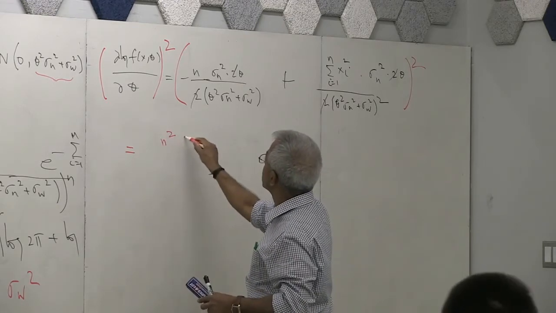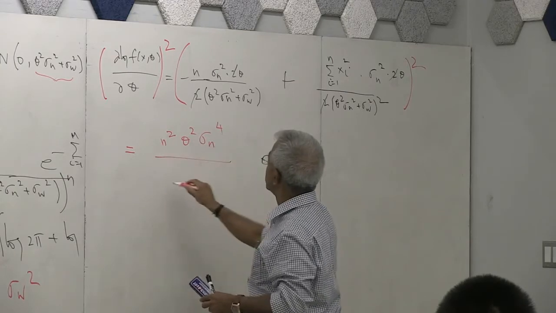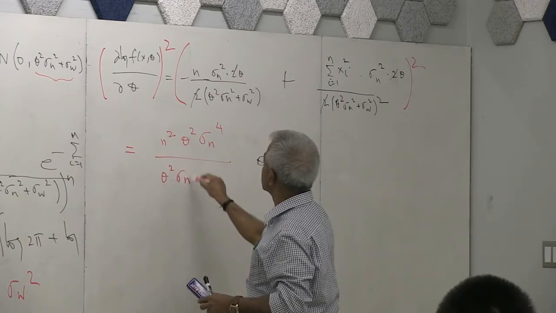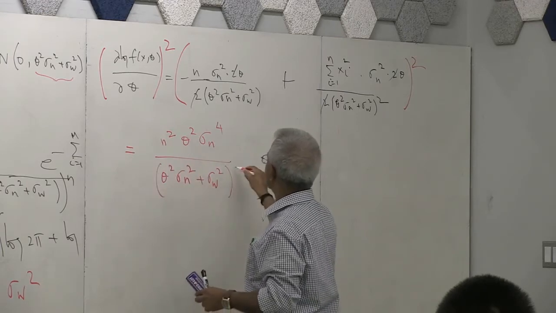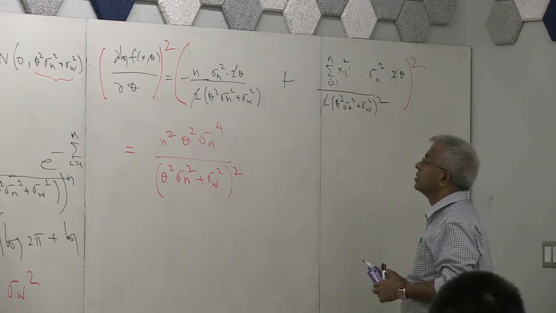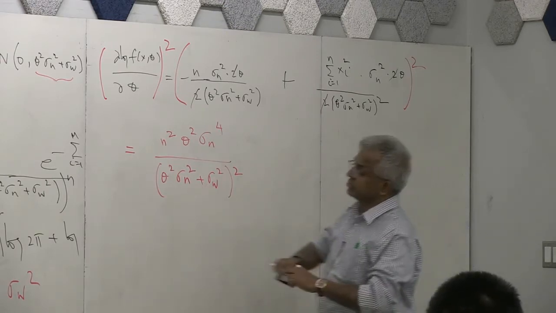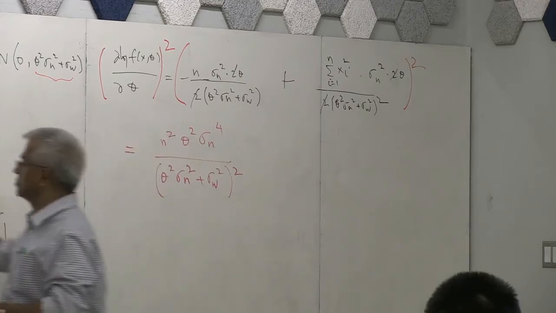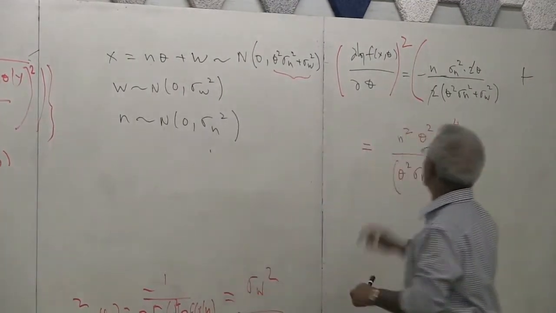So n squared theta squared sigma n to the 4 over theta squared sigma n squared plus sigma w squared, the whole thing squared.